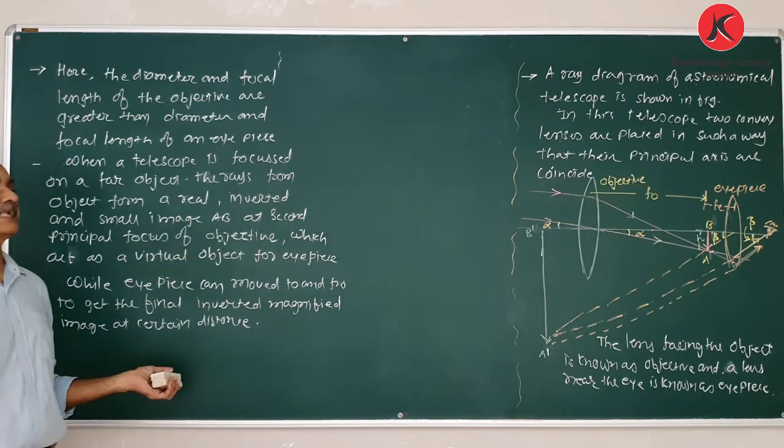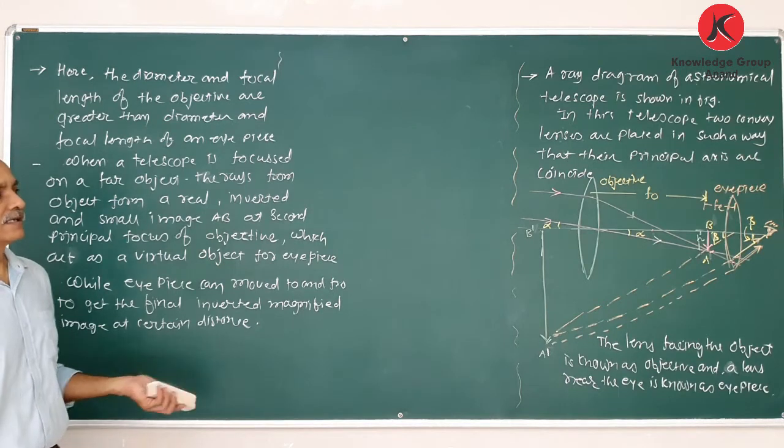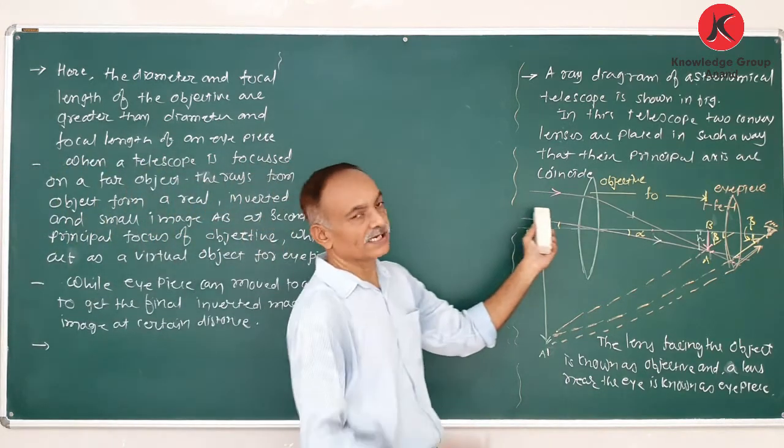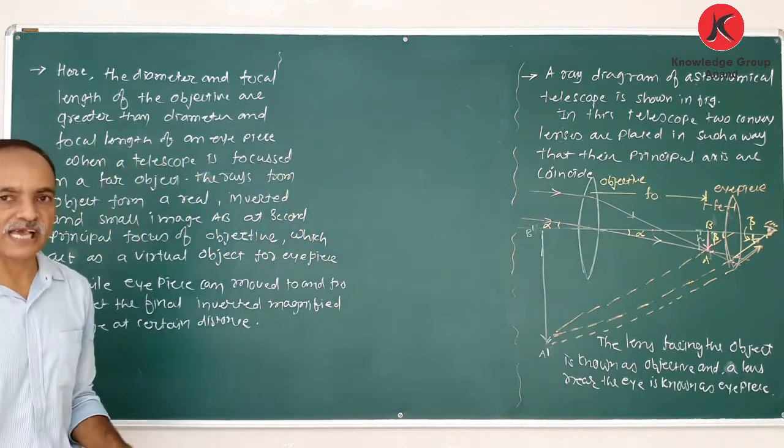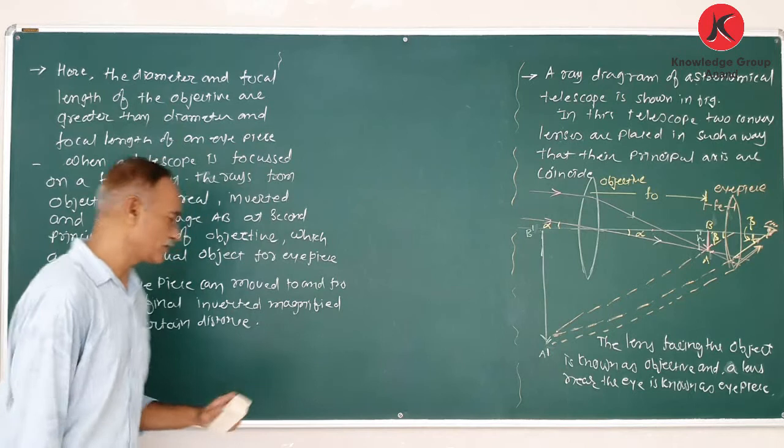Now, in this telescope, the rays coming from the far object are refracted by the objective. Therefore, this telescope is also known as the refracting telescope.